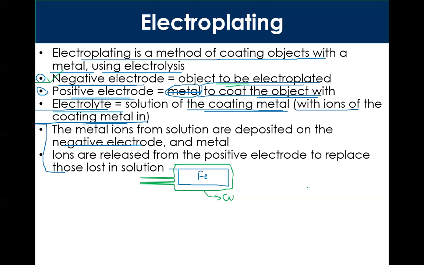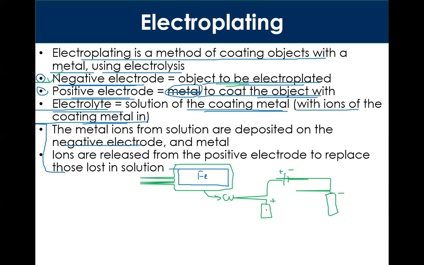At the positive electrode, you will have copper. Okay, so now let's draw this. We have a battery, we have the positive terminal, the negative terminal, and these electrodes. This is the positive electrode and this is the negative electrode. At the positive electrode, what will you have?